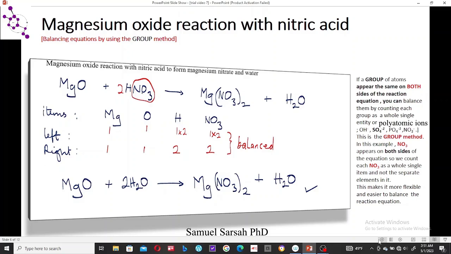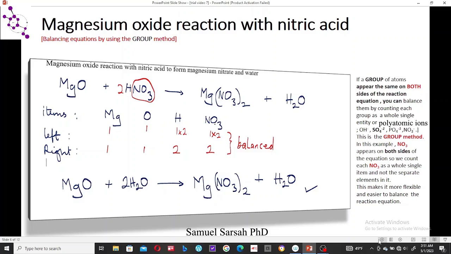If it doesn't appear on both sides, then we cannot use this method. But in this example, the NO3 appears on both sides, the left side and then the right side.